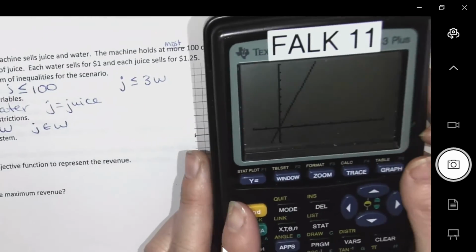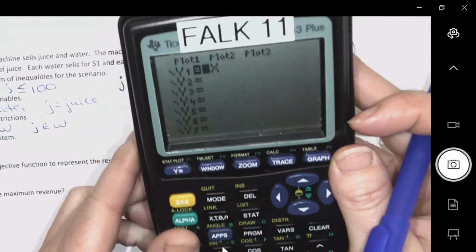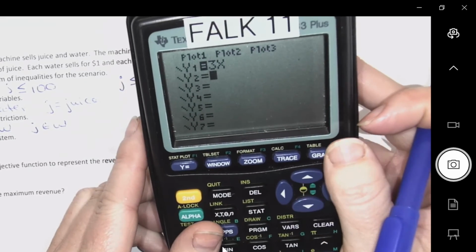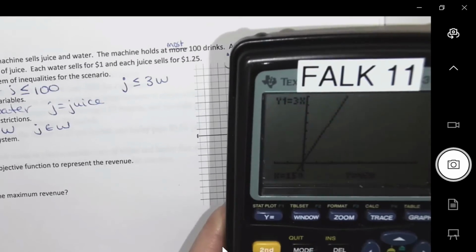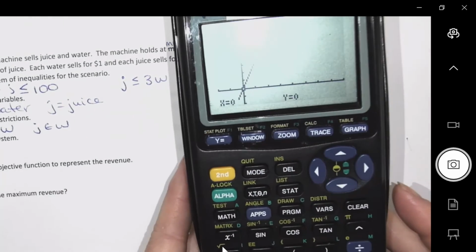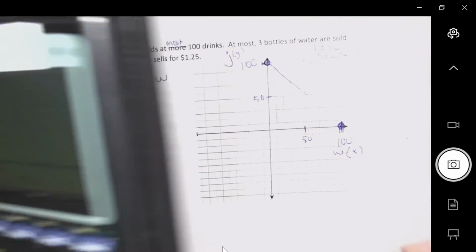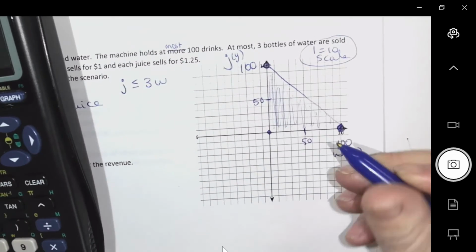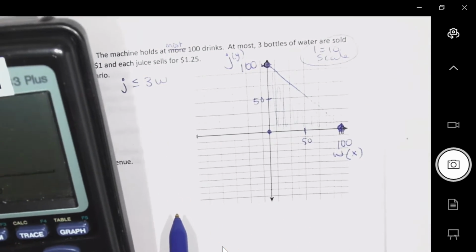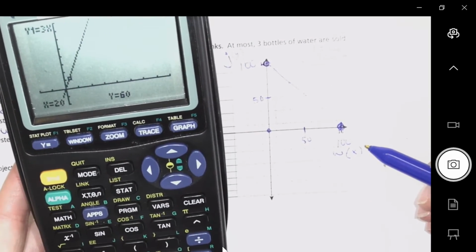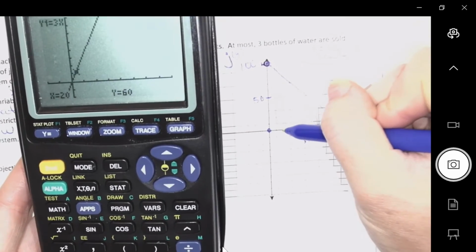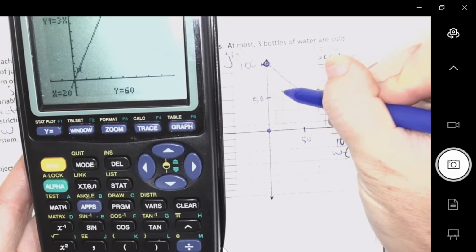Okay, and if I graph y equals 3x, we could get a coordinate, so 0, 0. 0, 0 is on that graph. 20, 60.